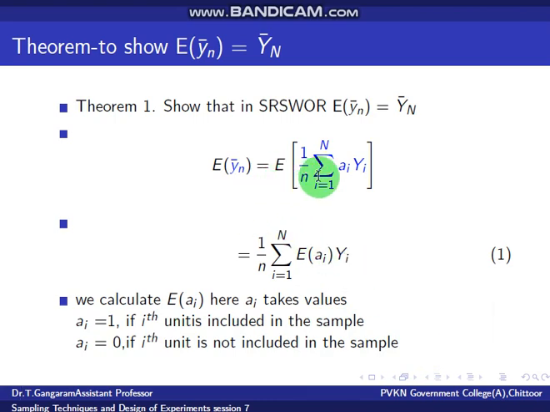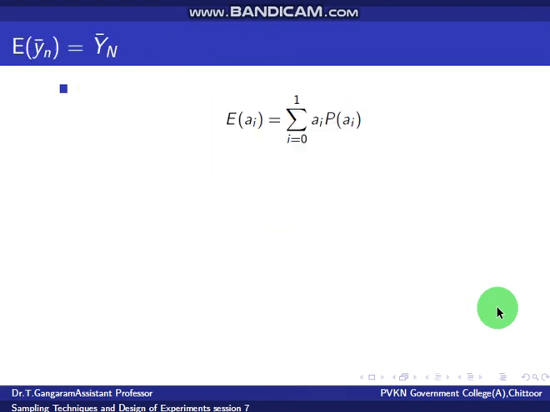If ai is equal to 0, the unit is not included in the sample. This 1 by n comes out and expectation goes in. By applying expectation on the random variable ai, yi is not a variable, so we simply keep yi the same. First we have to calculate expectation of ai. By definition, expectation of x is summation over the range of x into probability of x.